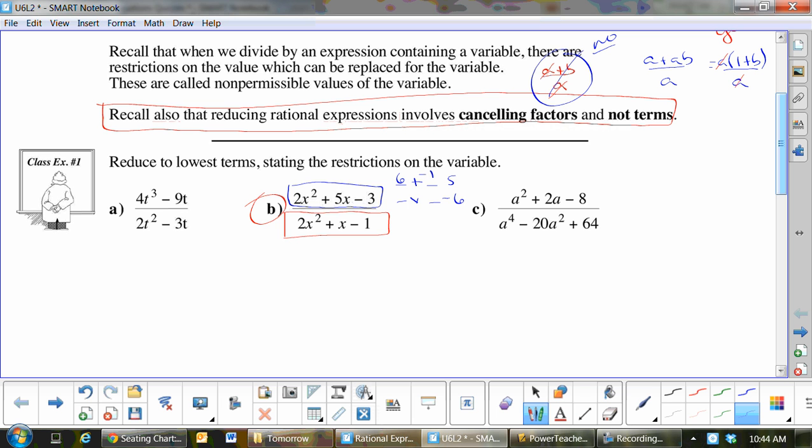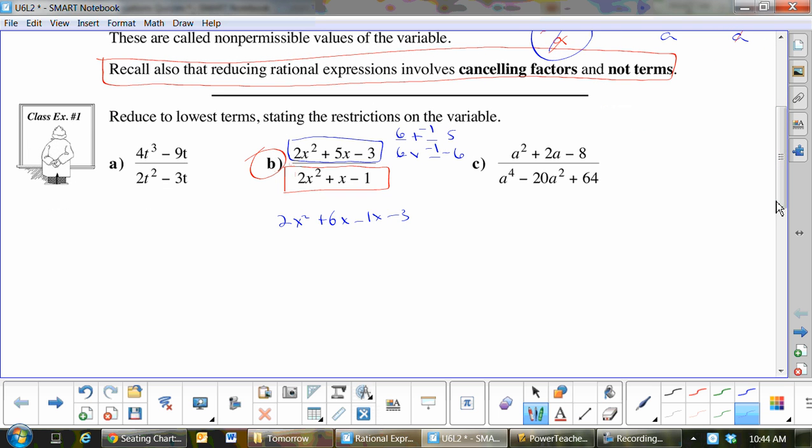The positive has to win, right? So 2x squared plus 6x minus 1x minus 3. So the blue is done, aka the top, the numerator.